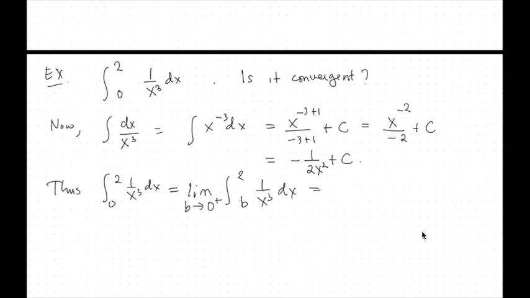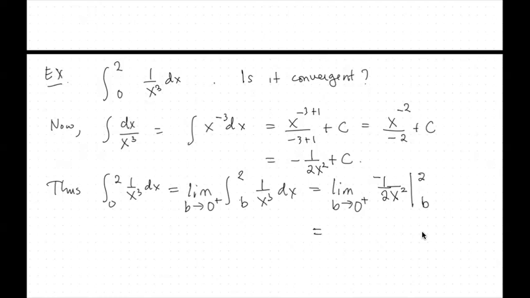So this is the limit as b goes to 0 plus of negative 1 over 2x squared, evaluated from b to 2.